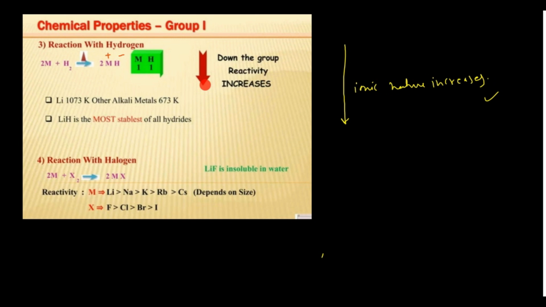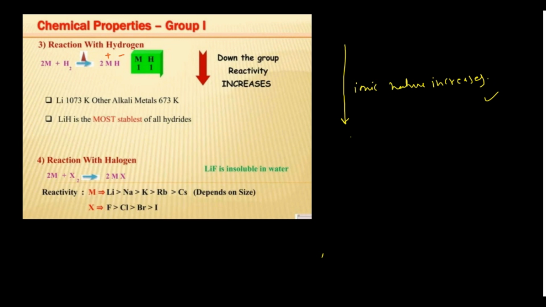Please remember this thing. But if you check the data here, what the data is saying is that lithium hydride, LiH, is the most stable. Why? Because it dissociates only above 1273 Kelvin.